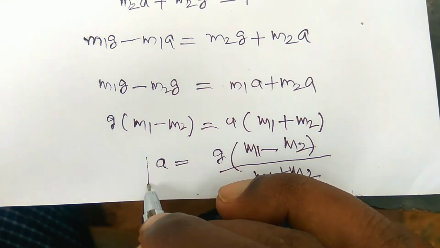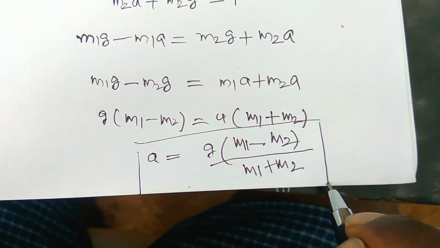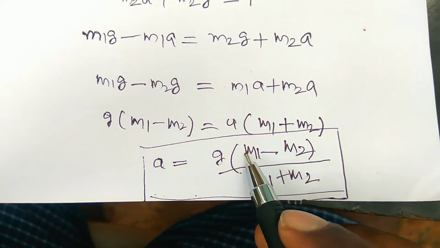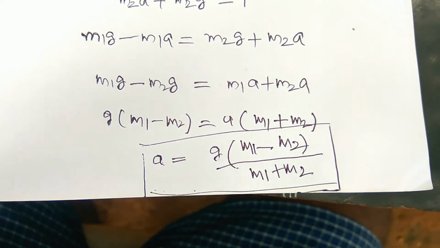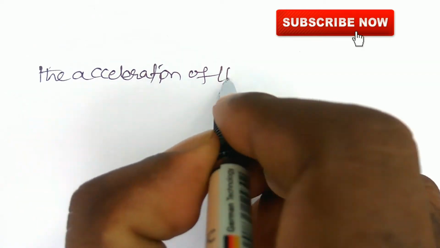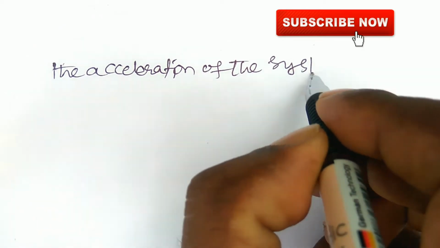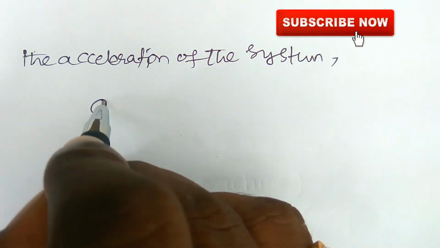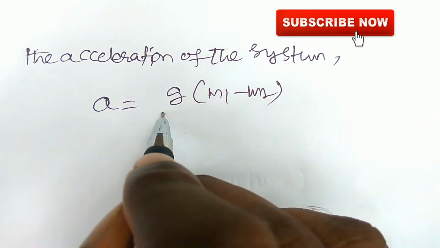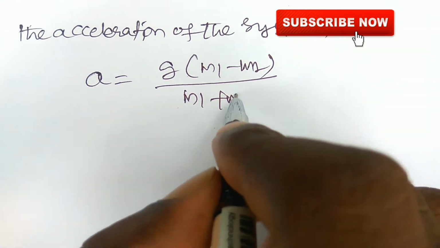So this is the acceleration of the system for an Atwood machine.